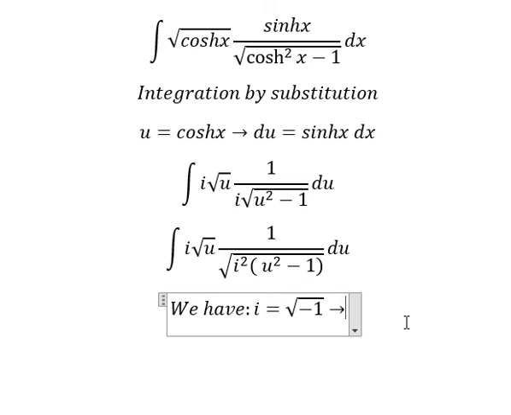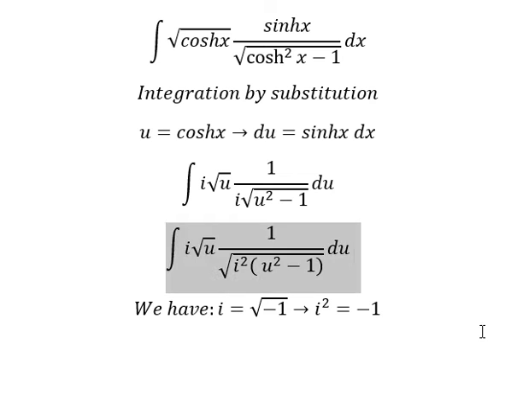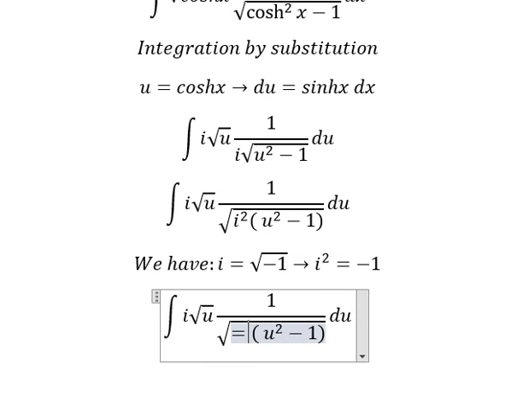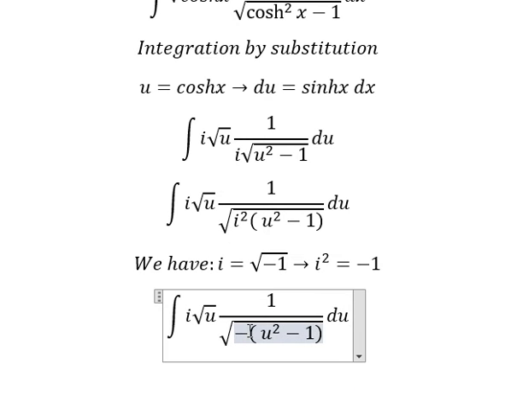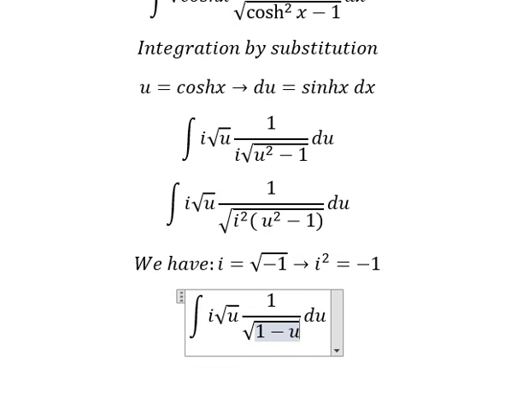If we put the power number 2 on both sides, we have negative number 1. So we change the sign of this one and we have 1 minus u squared.